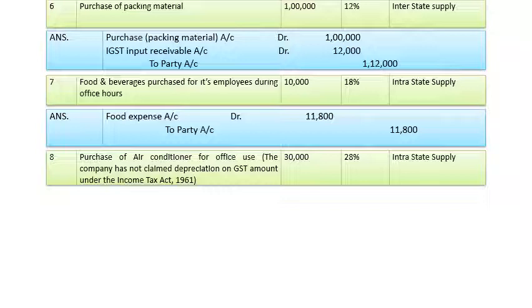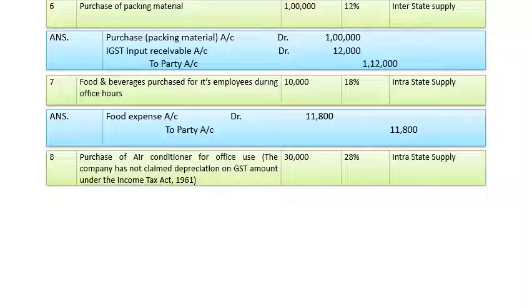Here the company has not claimed the depreciation on the GST amount. If the company does not claim depreciation on the GST amount, then credit is available. But if the company claims depreciation on the GST amount under the Income Tax Act 1961, then credit is not available.